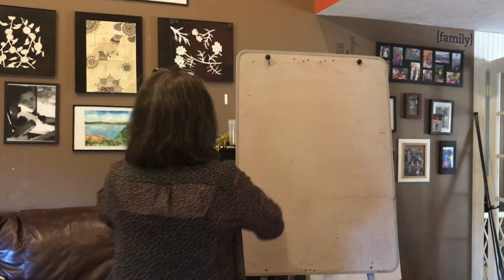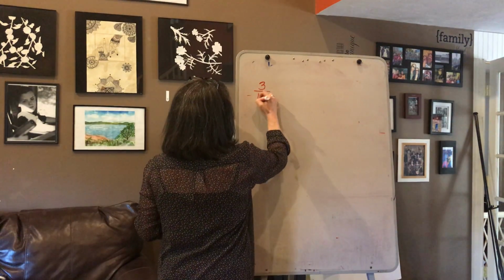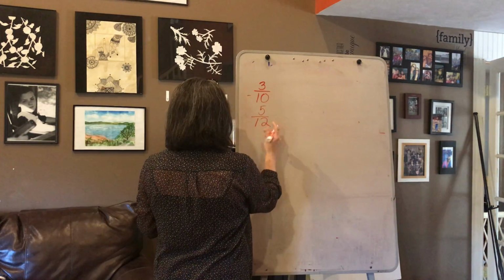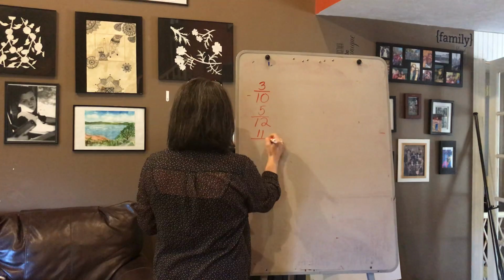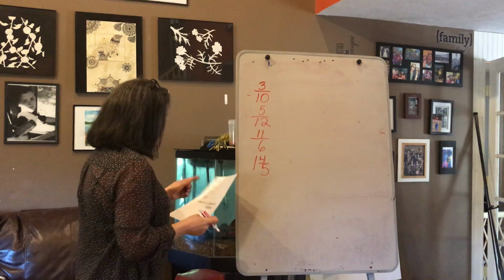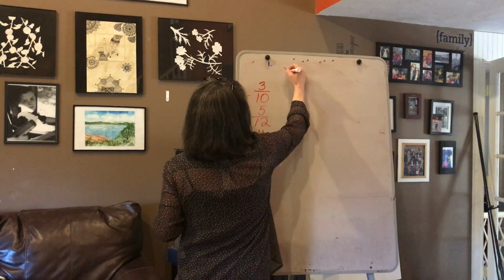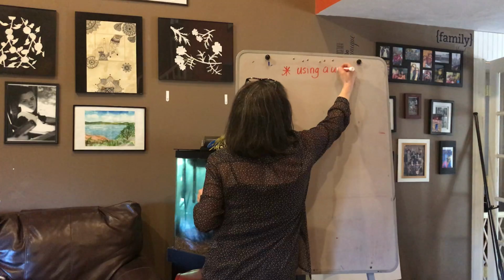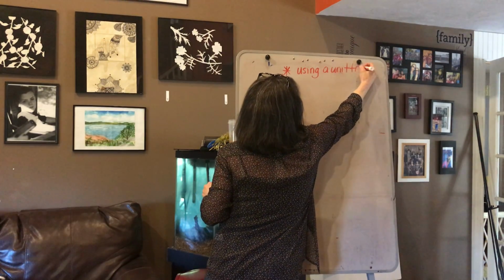And we had 3 tenths. We had 5 twelfths. We had 11 sixths. And we had 1 and 4 fifths. So we want to write a multiplication problem using a unit fraction for each of these.